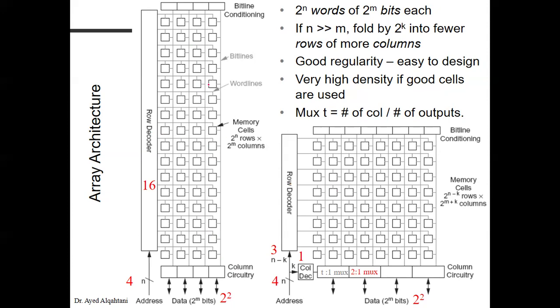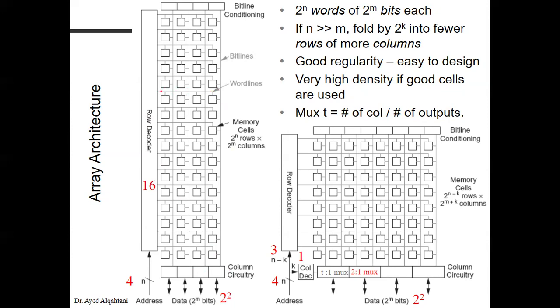So we take this part at the top and we fold it right here. And now we have a row decoder. And because of this folding, we will also have a column decoder with multiplexers at the end. To understand this picture clearly, as I said, we have a row decoder, we have column circuitry, and we have word lines.